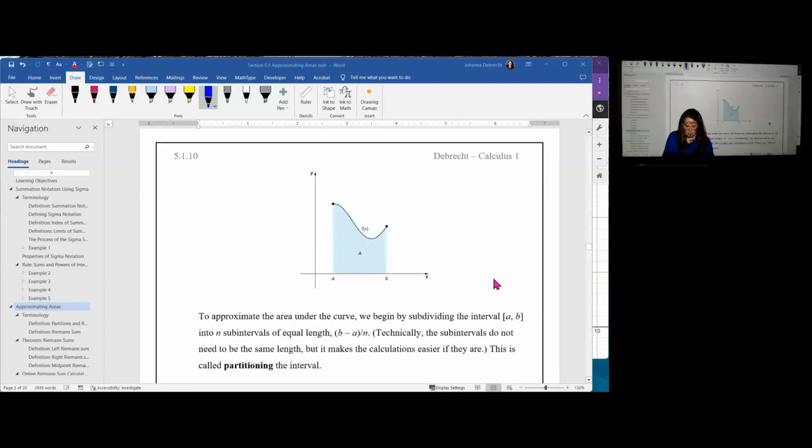When we look at the image, it looks like this. You can see the vertical line on the left, x equal A, the vertical line on the right, x equal B, the x-axis, which is y equals 0, and the top is the function. We want the shaded area, which is the area underneath here.